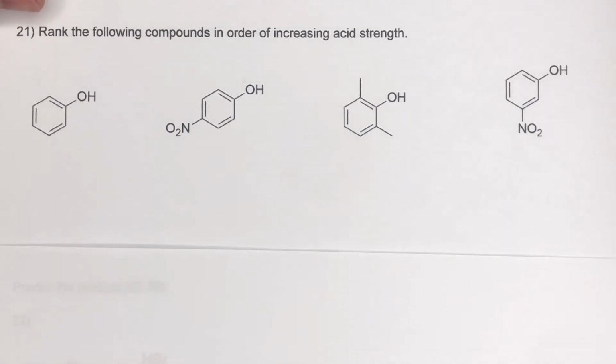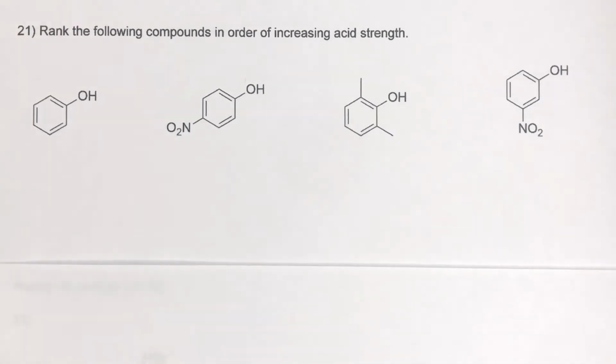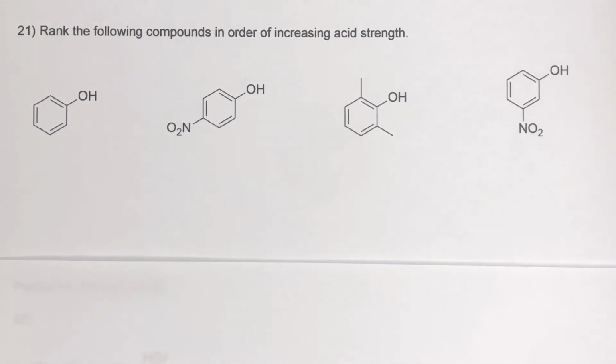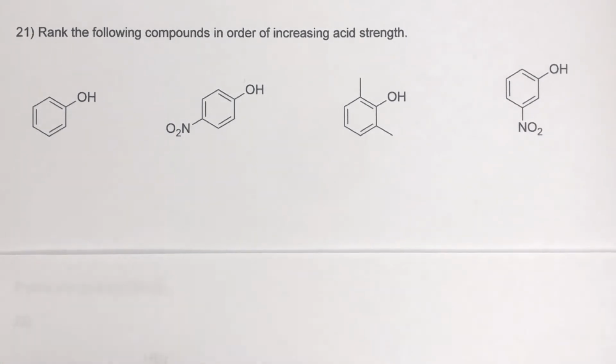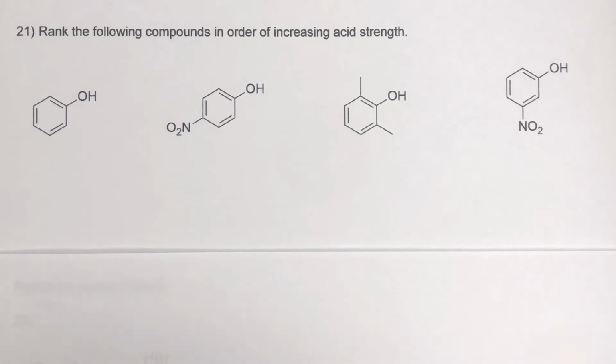All right, next we are asked to determine the acid strength here, list them in increasing acid strength. So they're all phenols, we know that much. So they're all pretty acidic right away. So now it's substituent effects. How are the substituents affecting this?